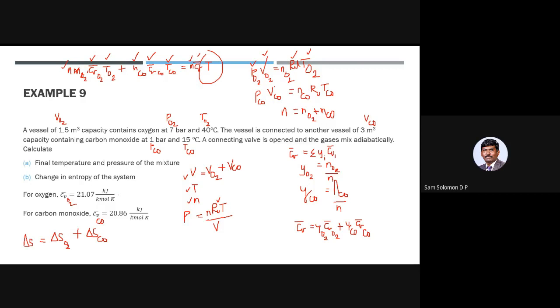And similarly, you have to estimate delta S of carbon monoxide also separately. So if you want, I can write for this alone, and similarly you can write for carbon monoxide also.